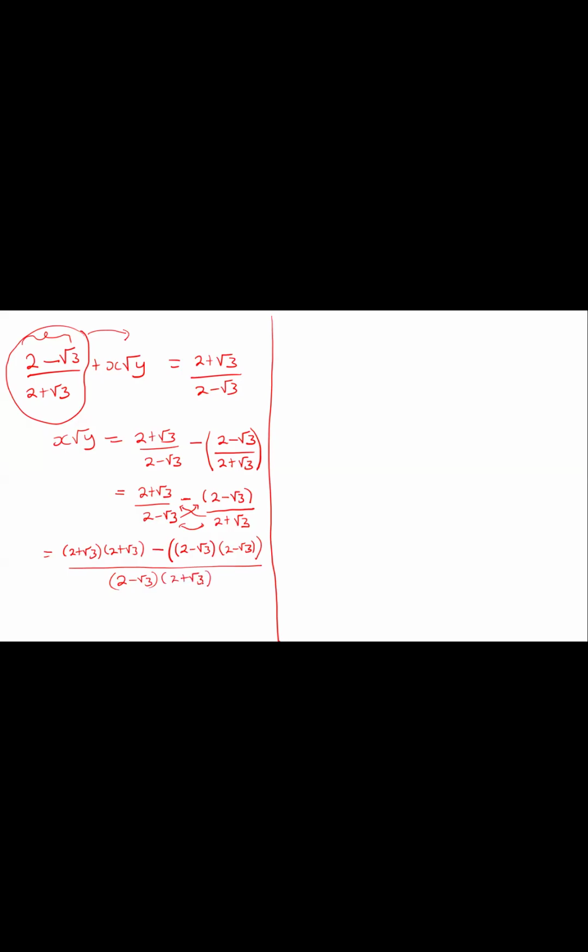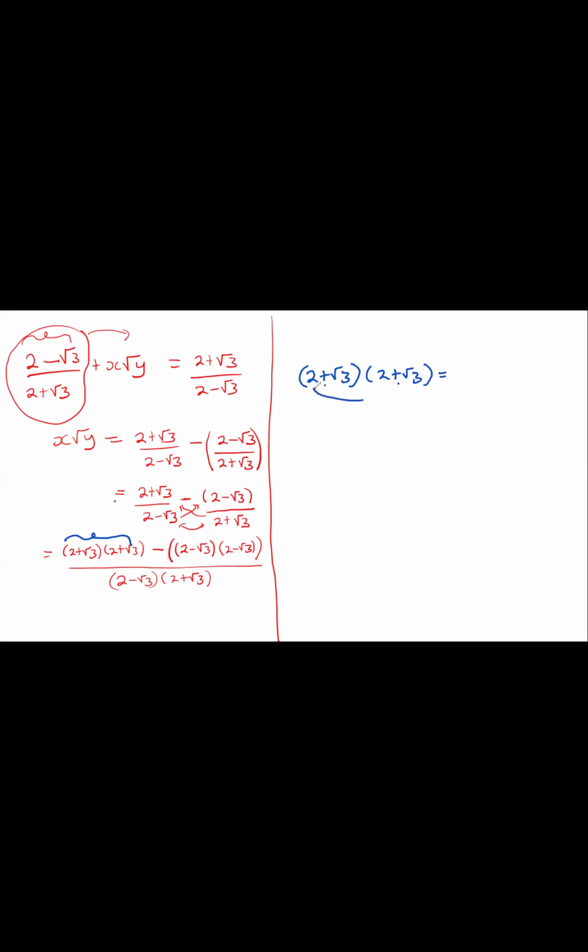Now, once I reach that point, I'm going to first deal with individual ones. First this bracket here: 2 plus root of 3 into 2 plus root of 3. Remember, don't apply the difference of two squares if these two signs are different. So since these signs are different, I have to open very well.